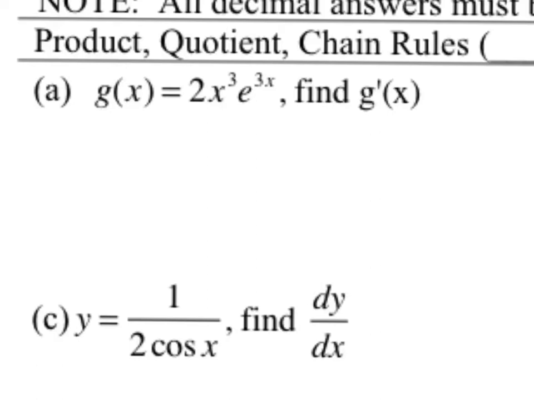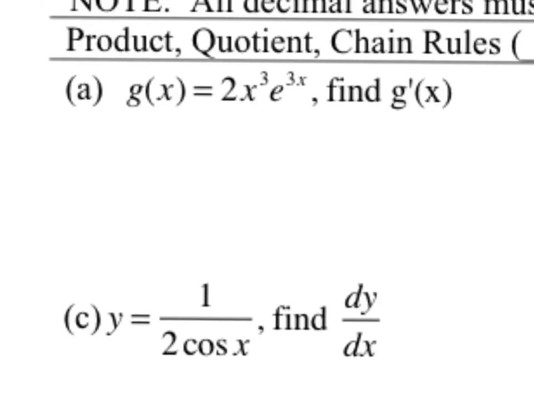So, first problem is looking at 2x to the third times e to the 3x. And that's going to be a product rule. We need to do the derivative of the first times the second, which is going to be 6x squared times e to the 3x.